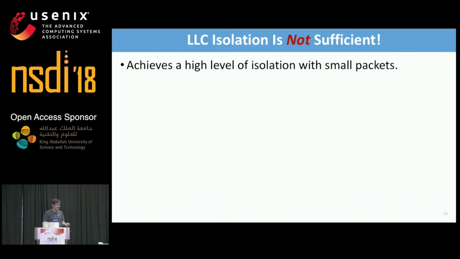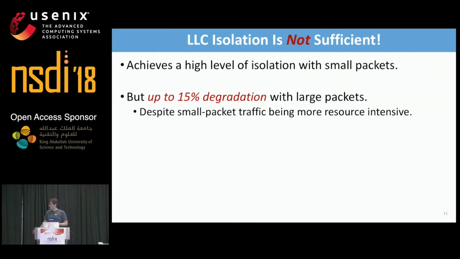And more interestingly, the first experiments we ran in the NFV context were with small packets. With small packets, we achieve a very good level of isolation, up to 3% degradation, just by isolating the last level cache. But when we went with large packets, we observed up to 15% degradation.